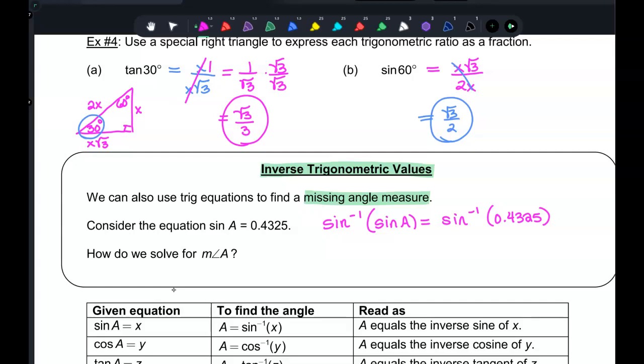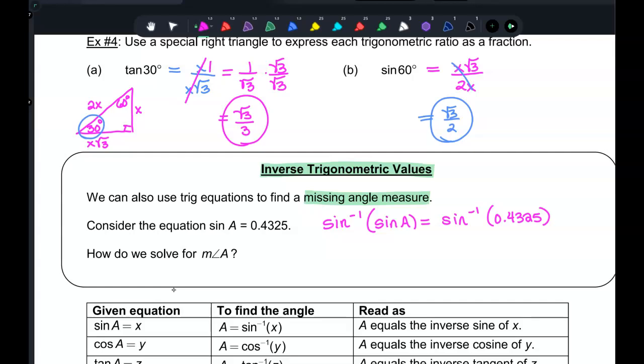It's kind of like an algebra equation. Let's say I had 2/3 x equals 6. Do you remember the multiplicative inverse? Inverse just means reciprocal. We would multiply by the inverse to solve.